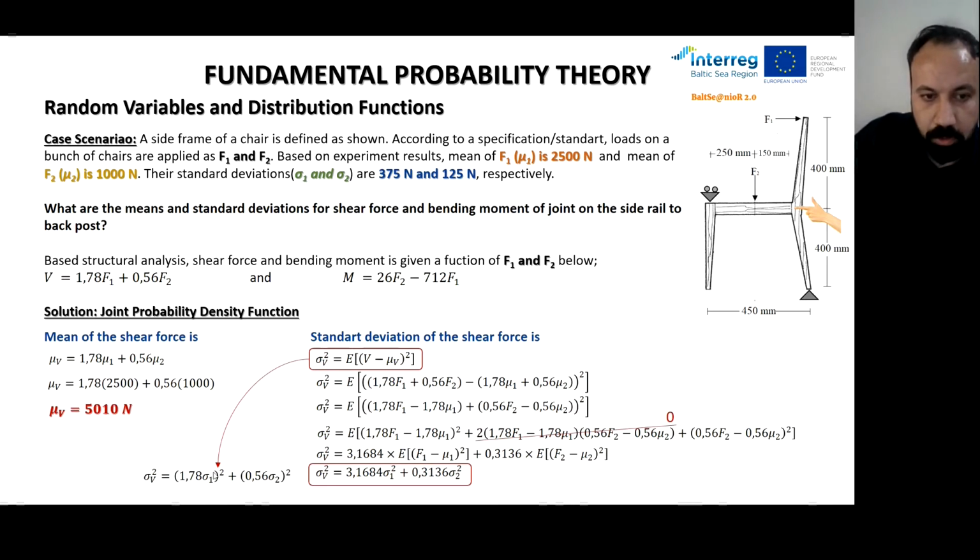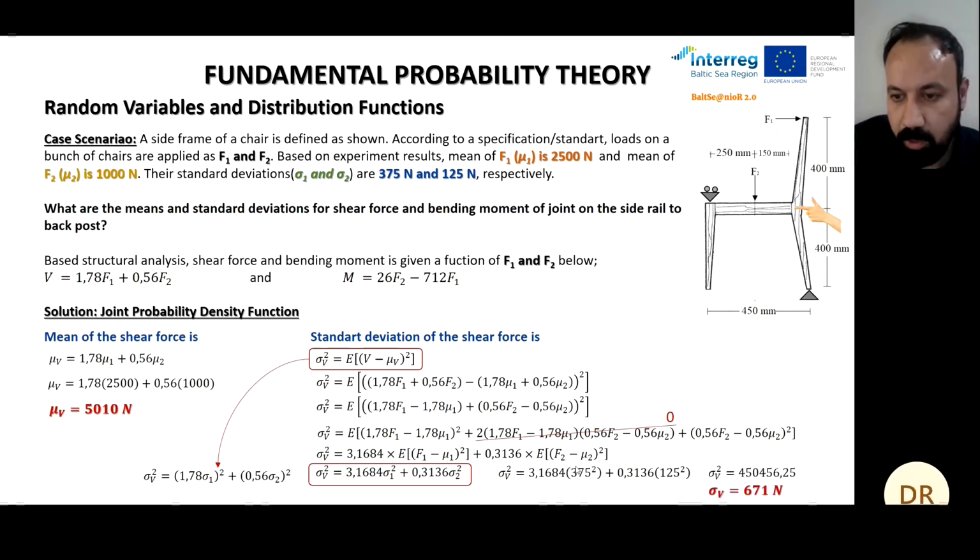So when I go to calculate here, just plug my standard deviation from the question. When I calculated, my standard deviation is 671 Newton. In the same way, we can calculate the mean and standard deviation for bending force.